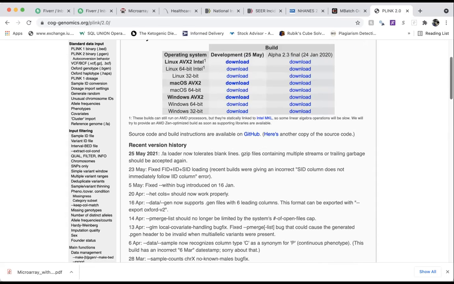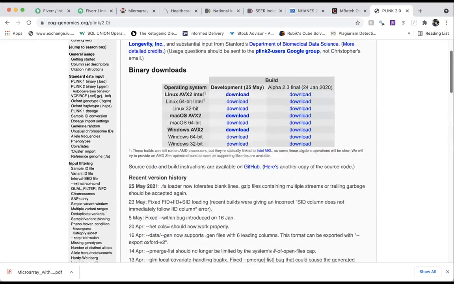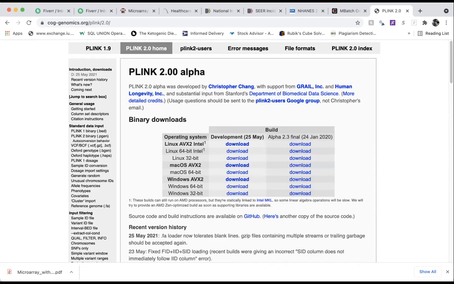And it's a good tool. It's free open source software, and Christopher Chang responds to requests almost on a daily basis on the Google group if you are conducting the analysis yourself.